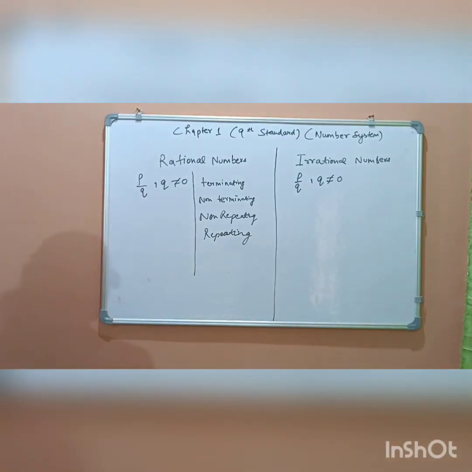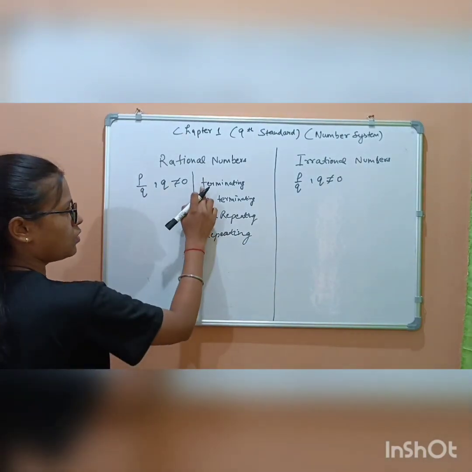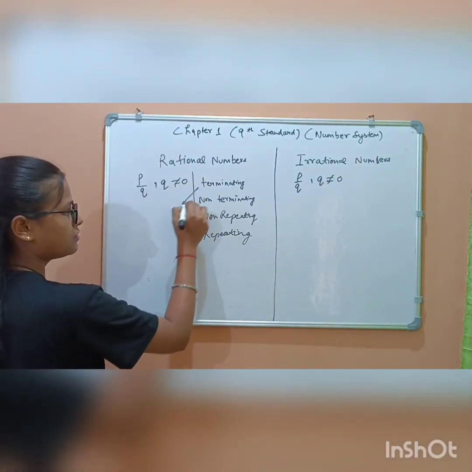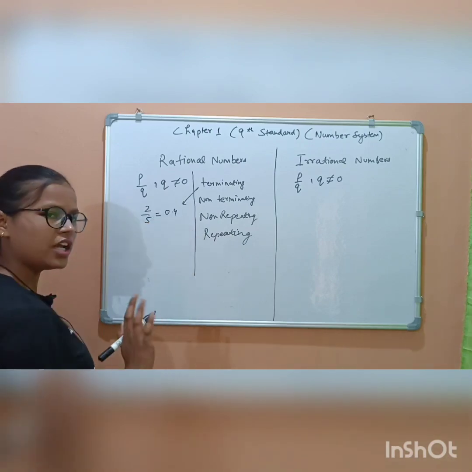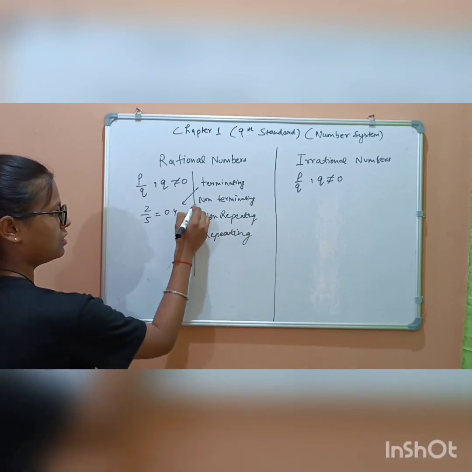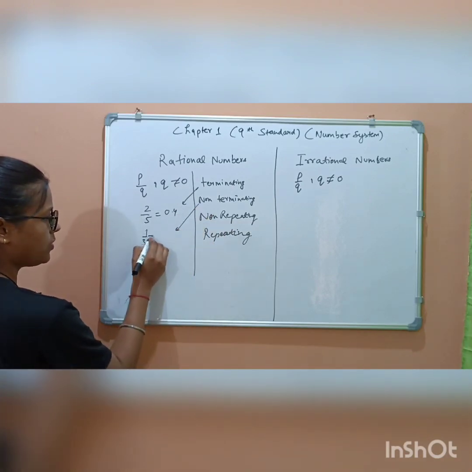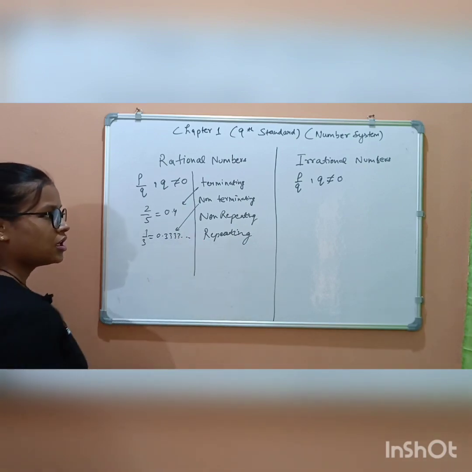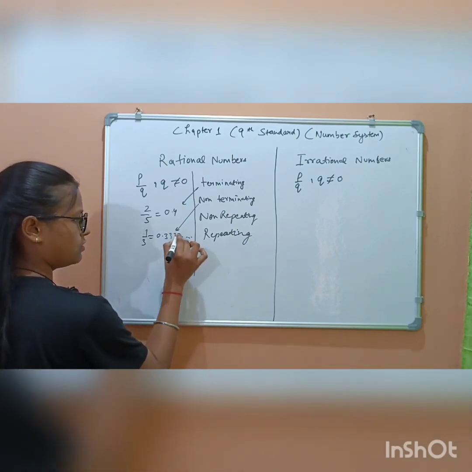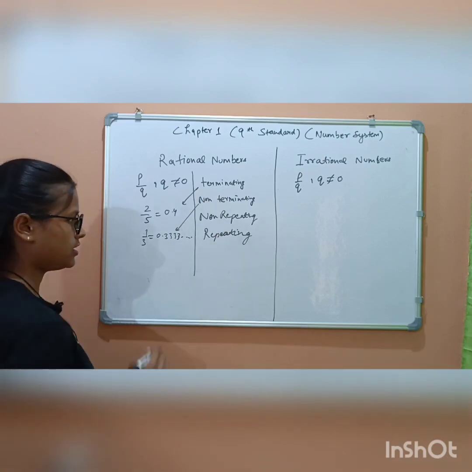Okay, so what does terminating mean? 2 by 5. This is 0.4 now. It terminates. It ends over here. Non-terminating: 1 by 3. 0.3333 and it goes on. And it goes on. So this is non-terminating.